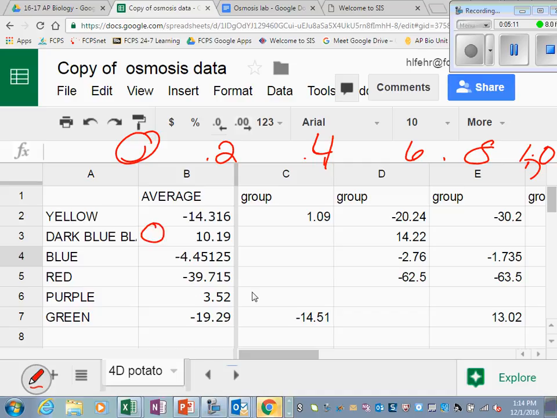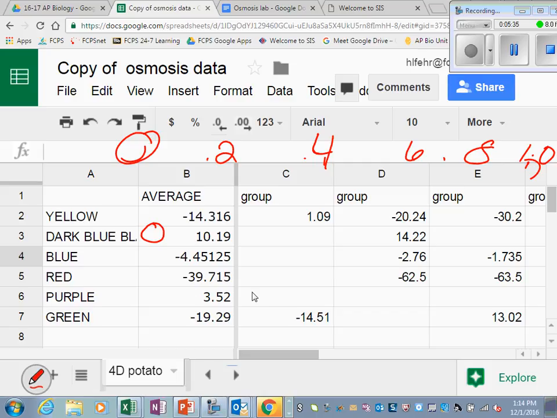What happened to the potato in 0 molarity? Don't say absorb. It gained 10% mass. Why did it gain 10% mass? Because the environment was hypotonic to the potato. Right? Yes or no?